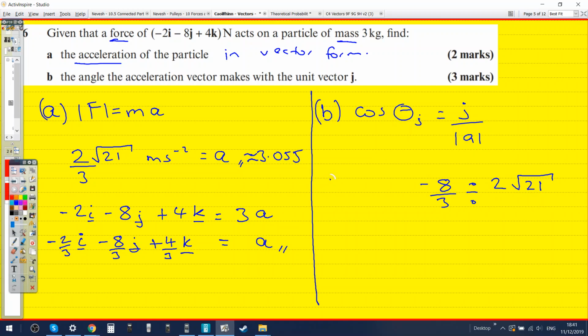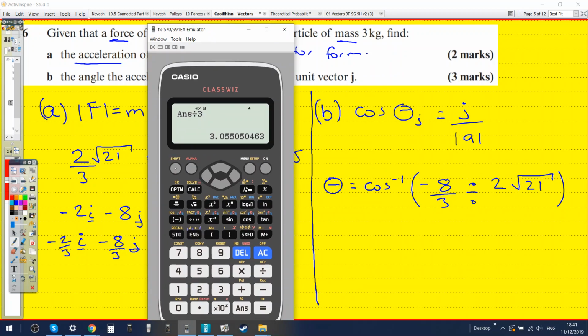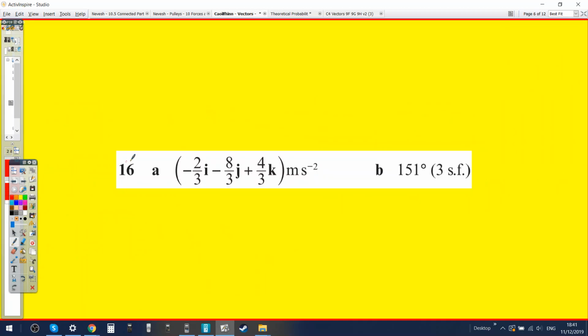Theta is cos to the minus 1 of the answer of that. I got 106.9. 151.